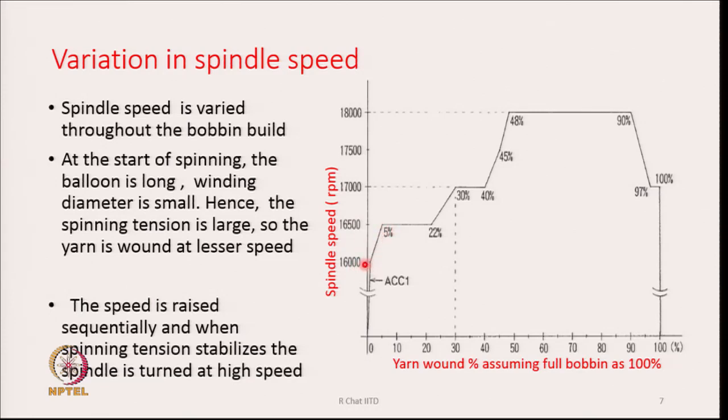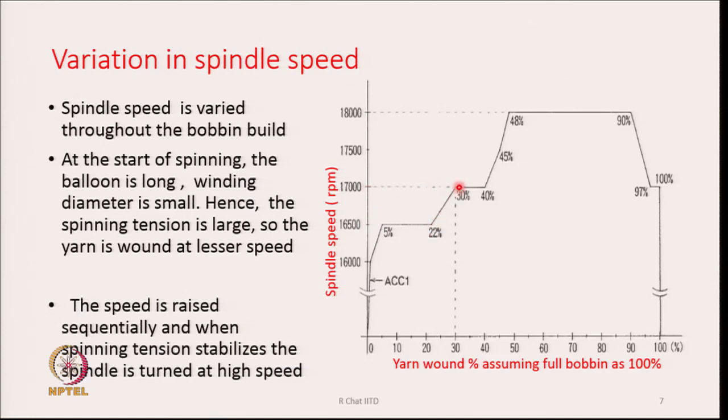We go from 16,000 rpm to 16,500 rpm, and then up to almost 22% of the bobbin build the spindle remains stationary, we do not change it. Then again there is a slow increase in speed from 16,500 to 17,000.